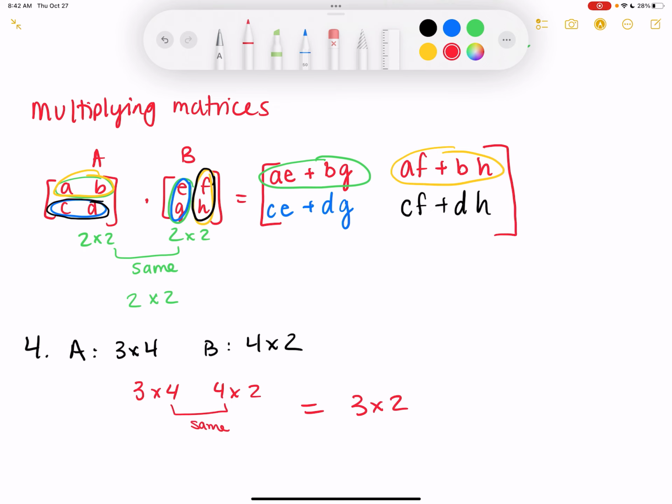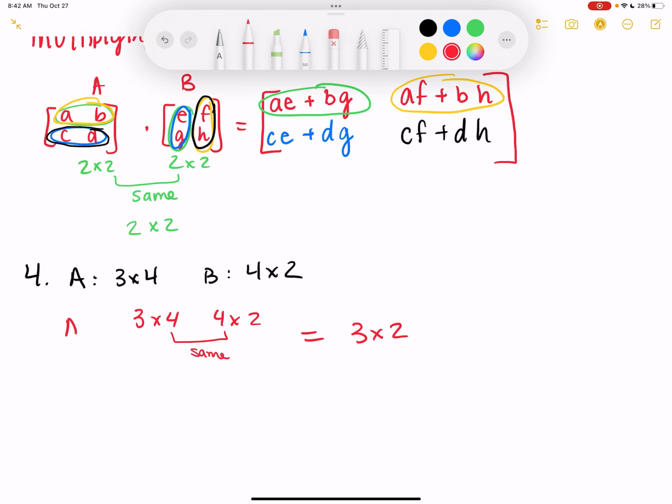If instead I flipped it, because this is A times B, if instead I flipped it to be B times A, I would have, now this is not part of the problem, but there's not a not defined one in this section, so it just makes more sense to do this. So if I flipped it, I have a 4 by 2 and a 3 by 4.